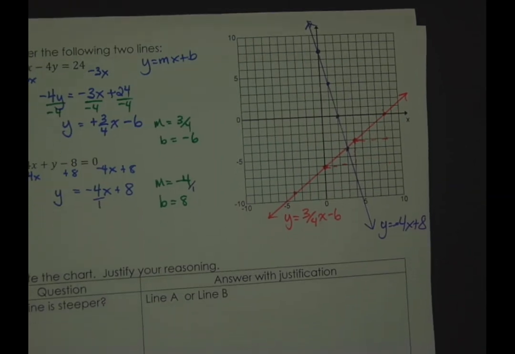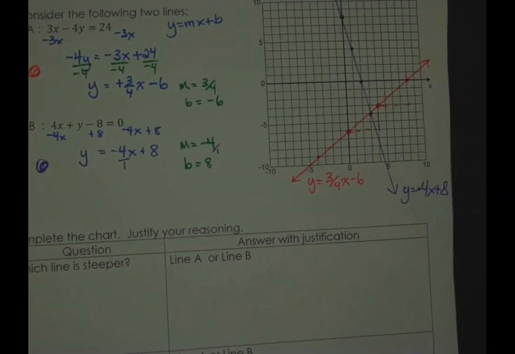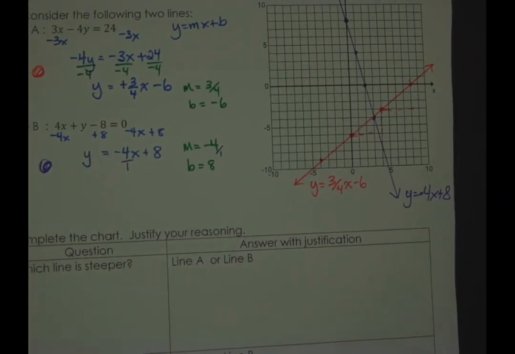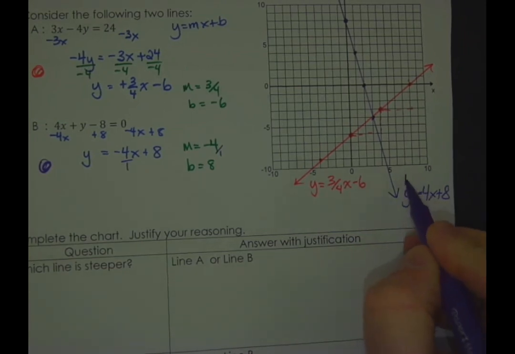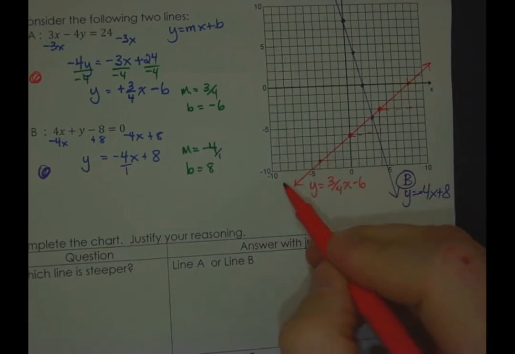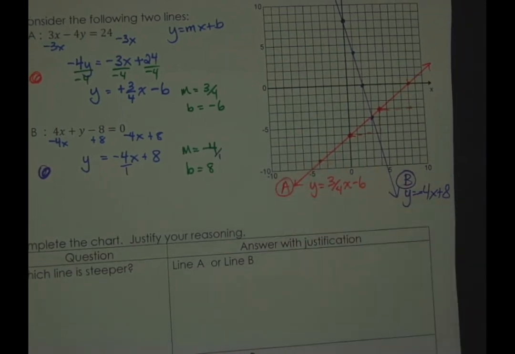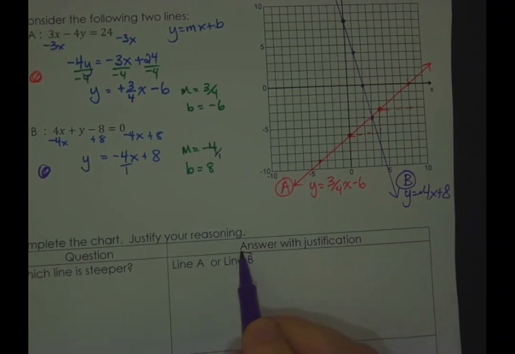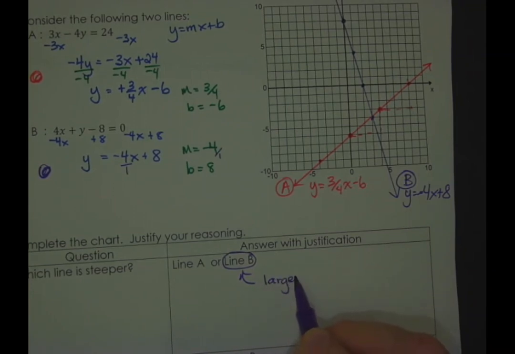All right, which line is steeper? Well, if I'm looking at it, it probably helps to do line B there and line A there so that we can see it. I would say definitely line B is steeper, and your rationale would be, you guessed it, it has the larger slope.